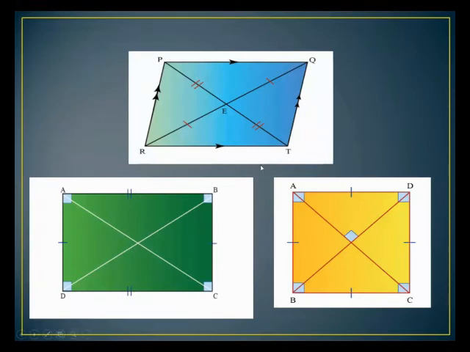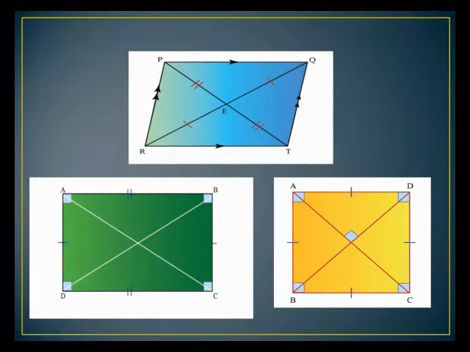Now these are some types of quadrilateral which we have discussed in this chapter: parallelogram, rectangle and square. This is the parallelogram. And how do we know that it is a parallelogram? Because it has four sides, and the opposite sides are parallel and congruent, equal in measure, and the opposite angles of a parallelogram are also congruent.